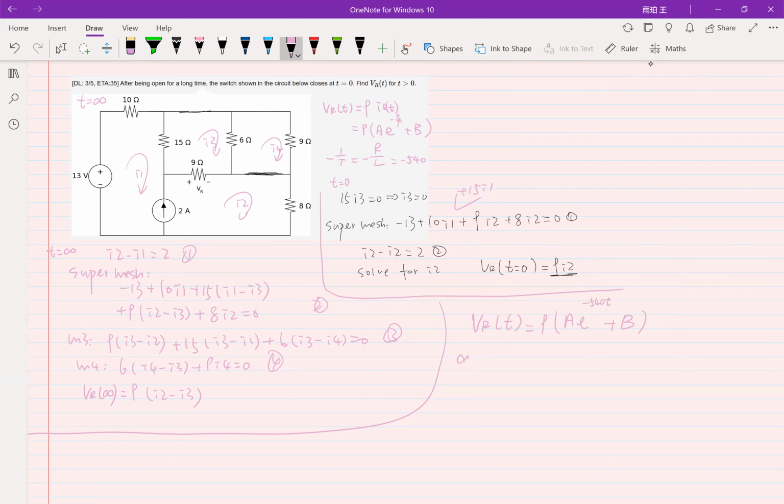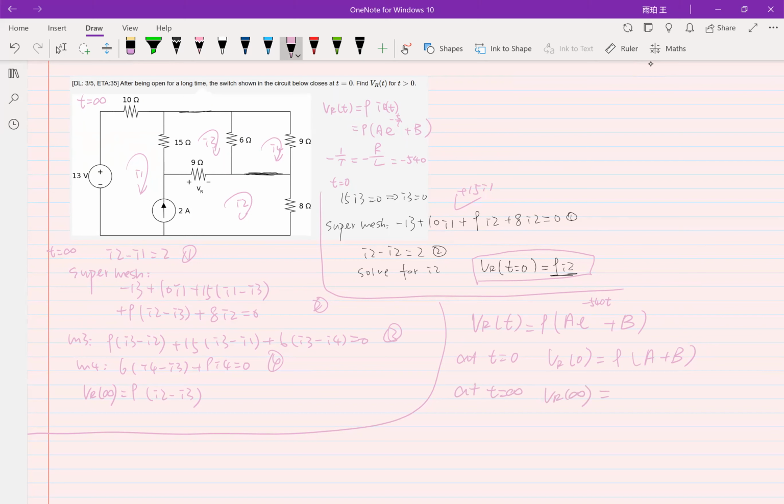Okay, so at t equals 0, this equation equals 9A plus B, and we have that value here. We assume that we solve for the system of linear equations and that we do have that value, so it's going to be something that we know.